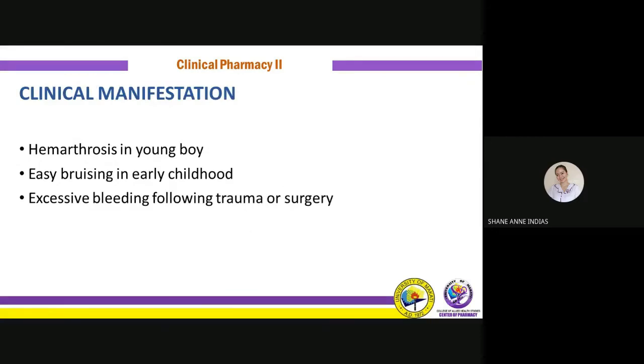For the clinical manifestation, first is hemarthrosis in young boys, meaning the child's joints are bleeding. Then easy bruising in early childhood and excessive bleeding following trauma or surgery.